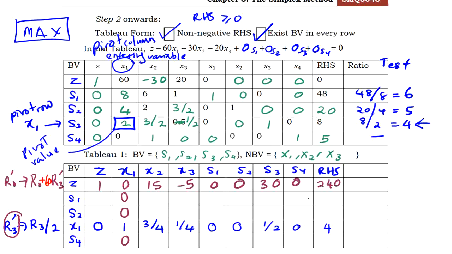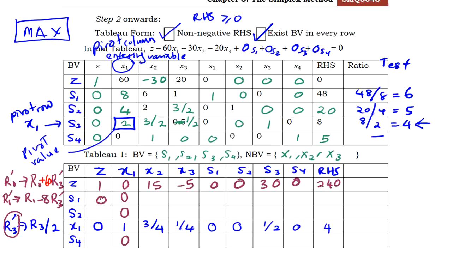Okay, so for row 1, the formula is row 1 new, row 1 and row 3 new. Remember that we always need to refer to this row, the pivot row. Okay, so because this one is 8 for row 1, therefore here is negative 8.